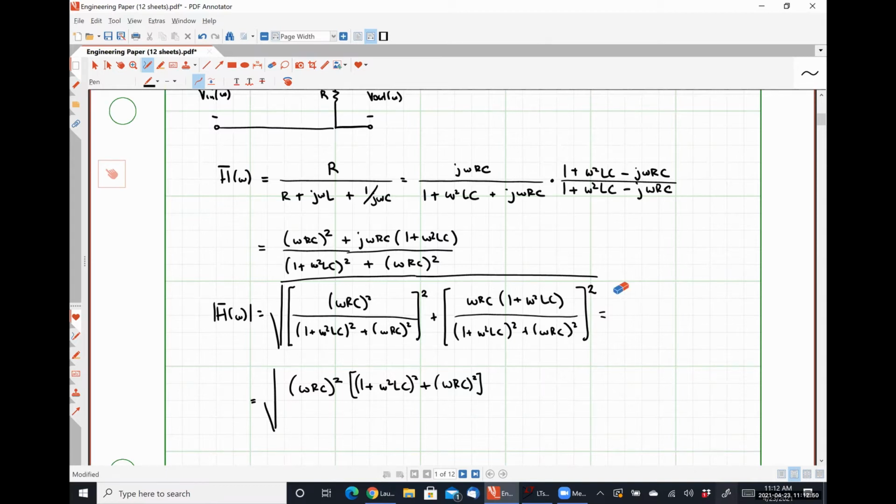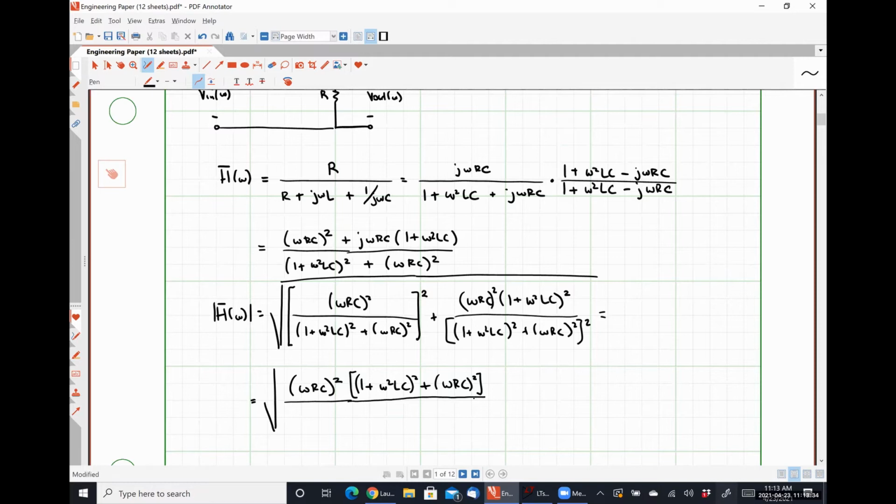So what I am arguing is that I can square this guy and this guy. So if I squared that whole thing, I get this. So I should be able to easily see that I have a common factor of omega RC quantity squared that I can factor out. That is being multiplied by 1 plus omega squared LC quantity squared, which gives me this first term. And then it's also multiplied by a factor of omega RC quantity squared. All right.